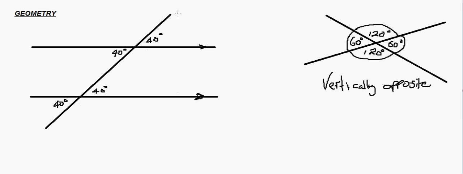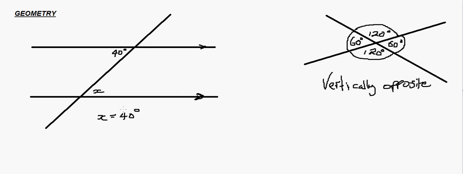Okay, so if, for example, they said, okay, this angle is 40 degrees, find angle X. Now we know that this angle and this angle are identical, so we could say X equals 40 degrees.